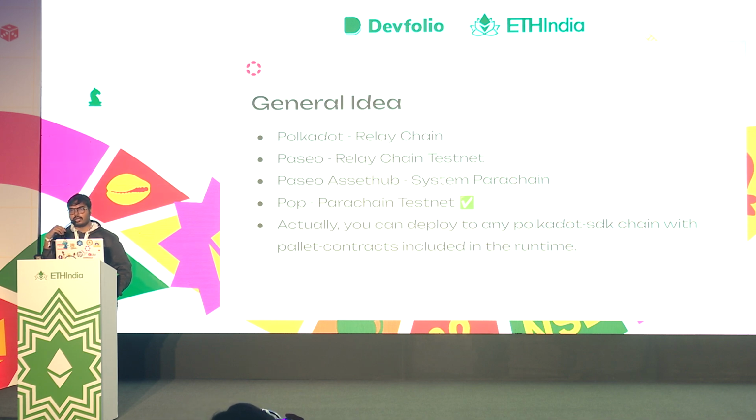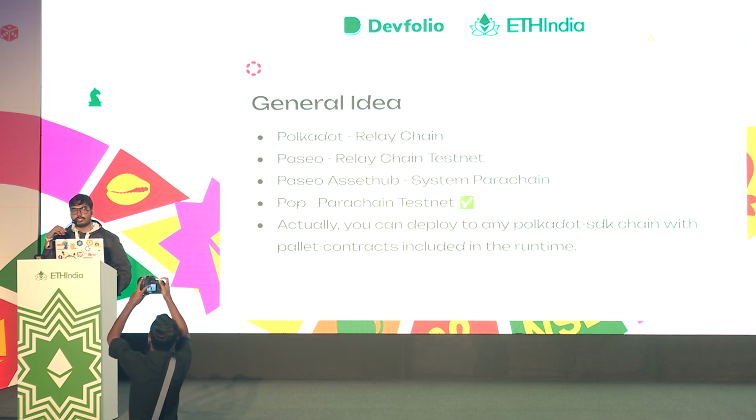For example, you might know about USDT or USDC. They are actually issued on Asset Hub. Why these terminologies are important is because there is some demo that I'm going to show you, which you can relate to.